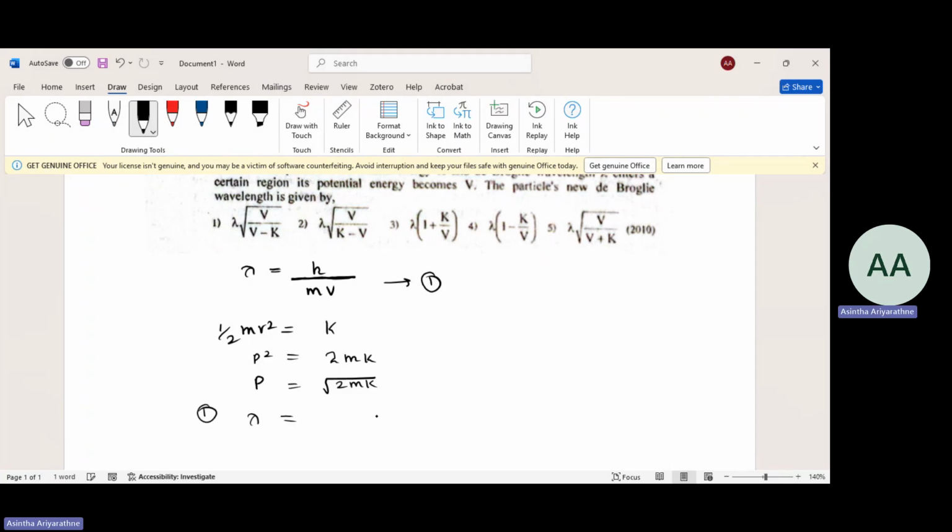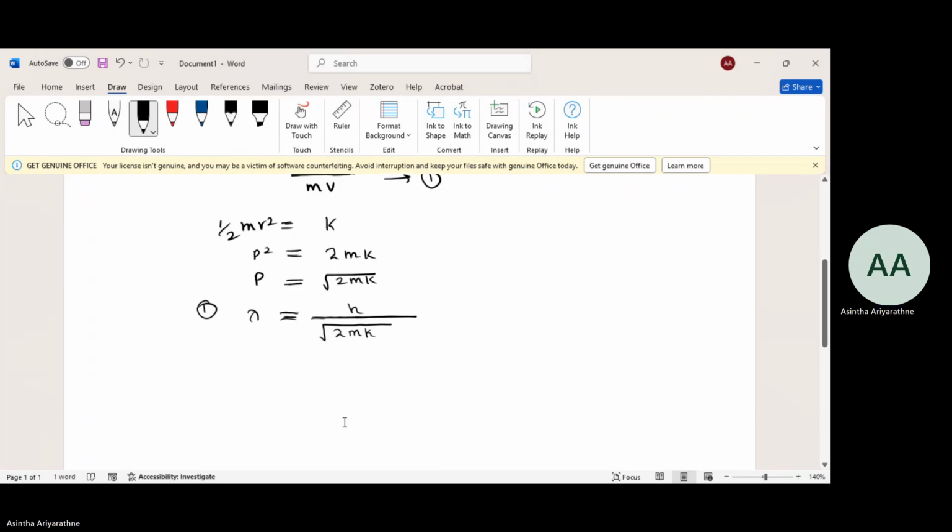Lambda is equal to h over the square root of 2mK. Here K is the kinetic energy. So I can write lambda is proportional to 1 over the square root of K. All the others are constant.